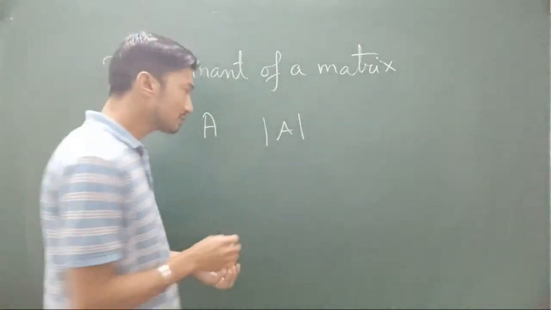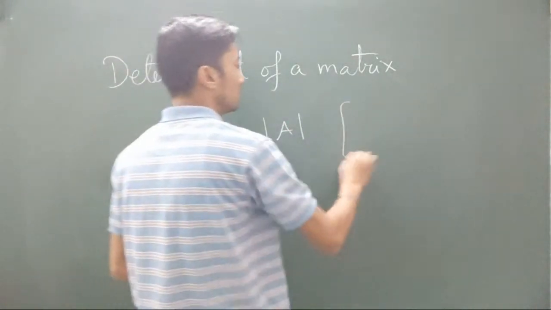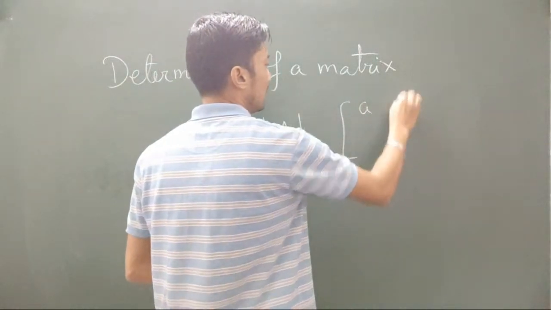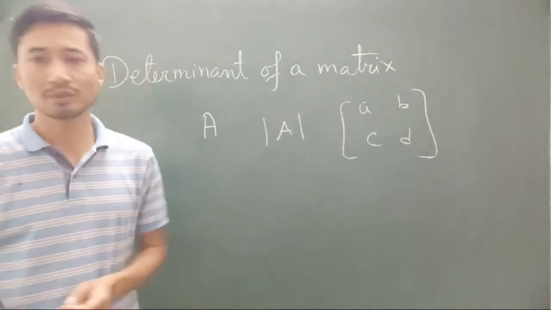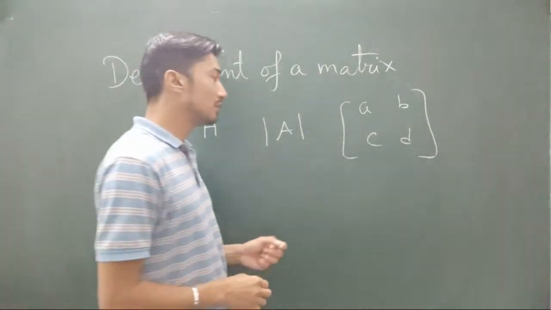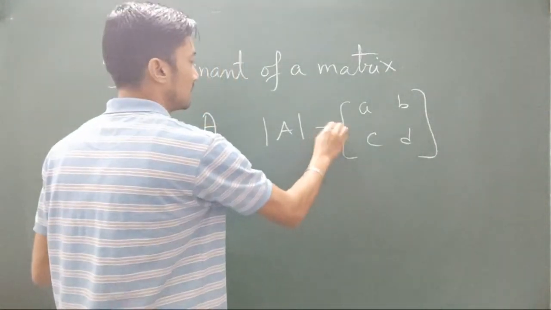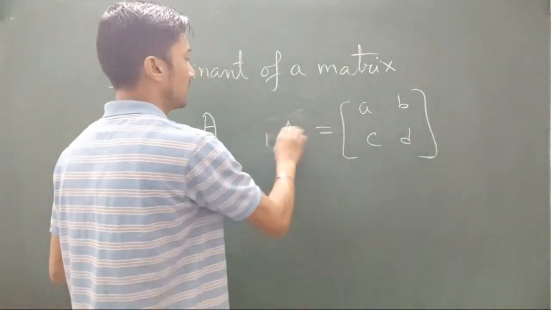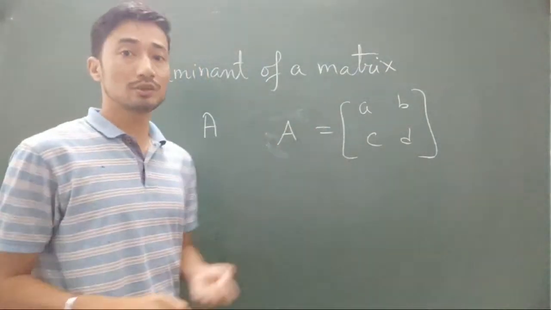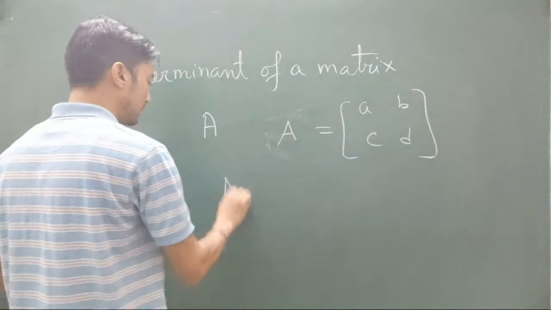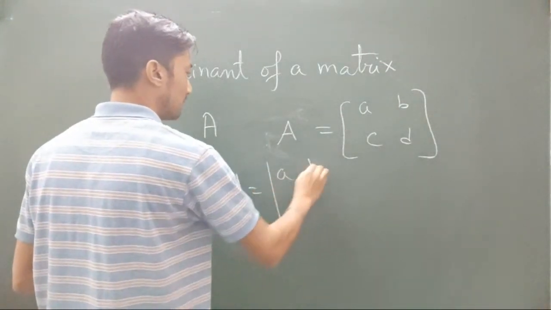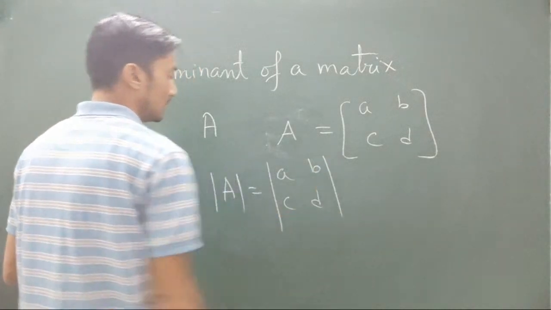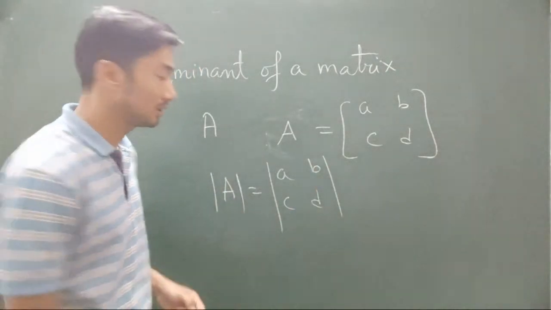So for a 2 by 2 matrix, let's say A, B, C, D, if this is our matrix A, how do we calculate the determinant? The determinant has this sign, just like the sign for magnitude, absolute value.